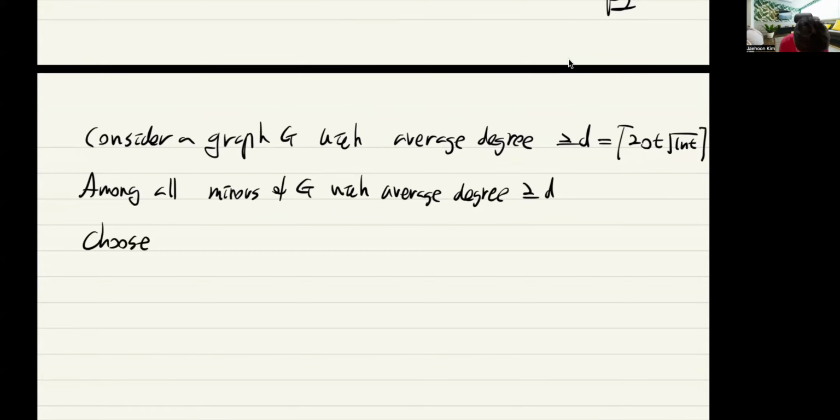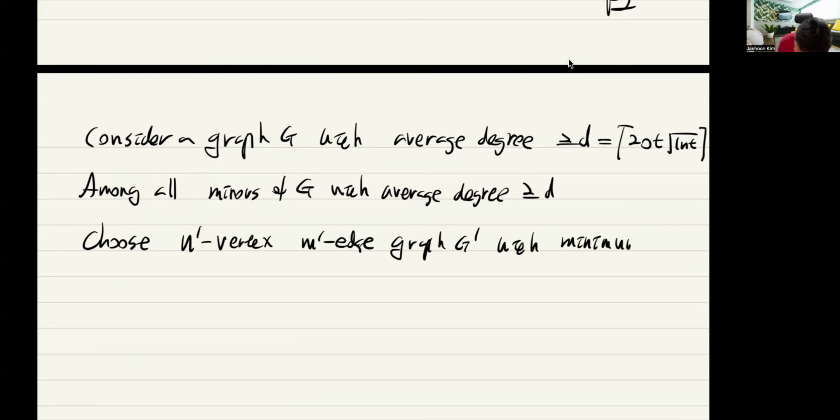And we choose, say, a graph G prime with n prime vertices and m prime edges.